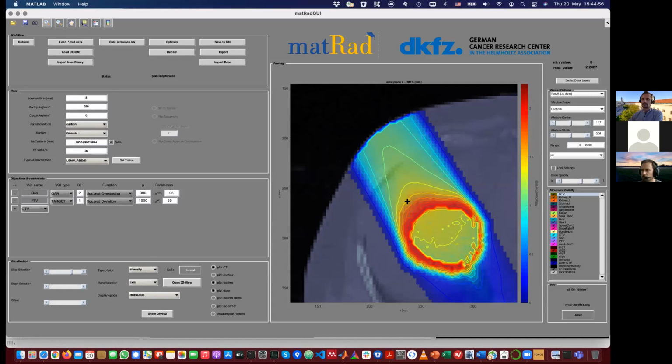And here in this case now, we did it the other way around. We optimized a treatment plan for an alpha beta ratio of 2, and we're recalculating now the biological effective dose for a different tissue type, just in the tumor.